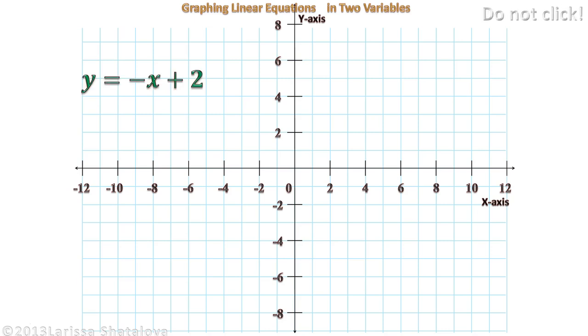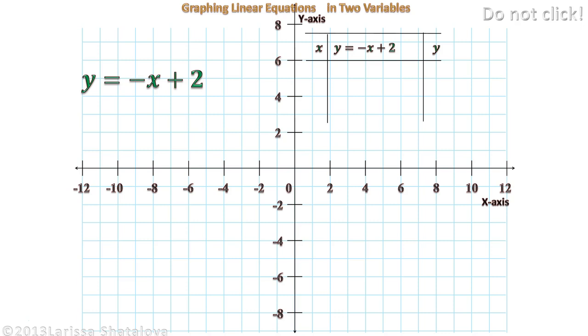Another example, we have a request to graph a linear equation in two variables, y equals -1x plus 2. And we want to use the table method. So the left column is for x, the middle column is for an equation, and then the right column is for y.